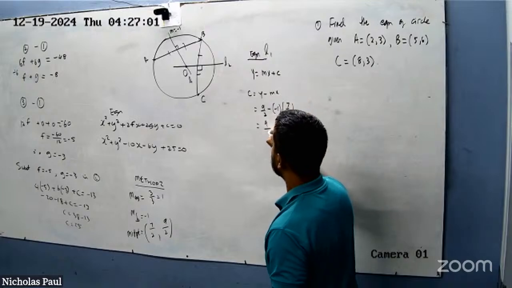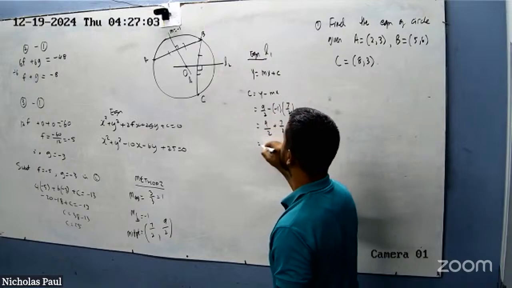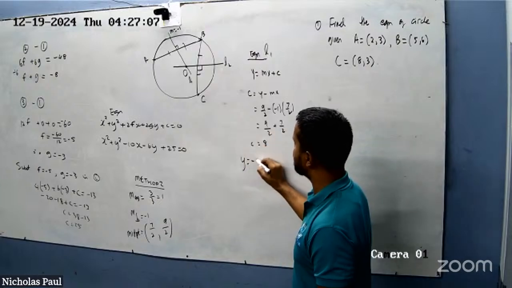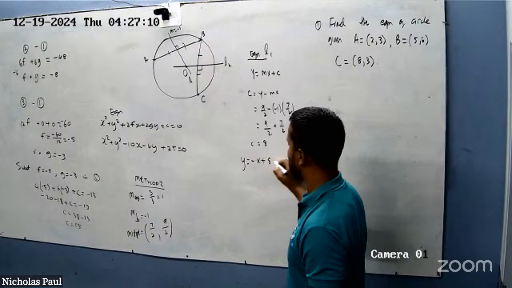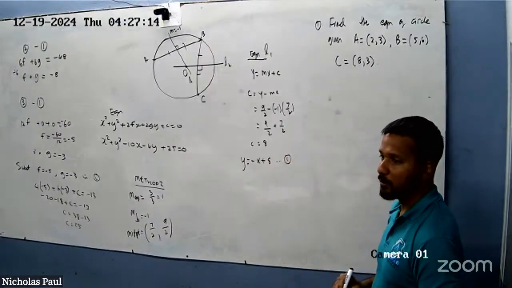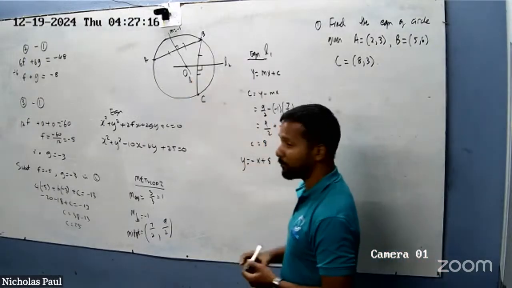So that's 9 on 2 plus 7 on 2, 16 on 2, that's 8. So the equation is y is equal to minus x plus 8. Anybody got that? Equation 1, this line here, line 1.